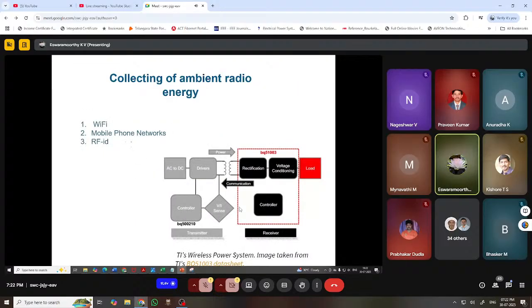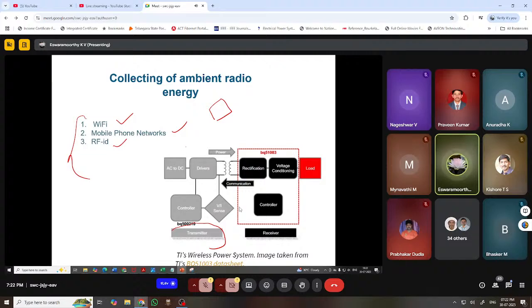And we know that in the ambient itself we have so many electromagnetic waves, for example Wi-Fi, RFID, mobile phone networks. From there also we can harvest. Otherwise we can have a transmitter, a controller and sensor, and AC to DC drivers.